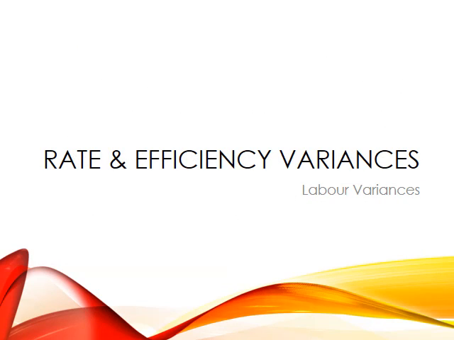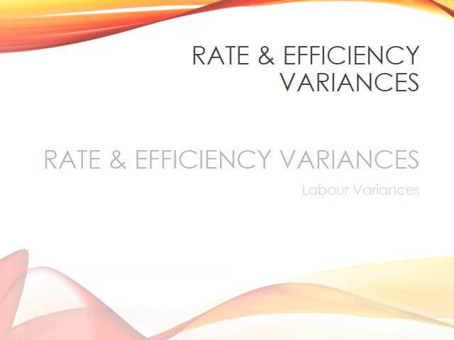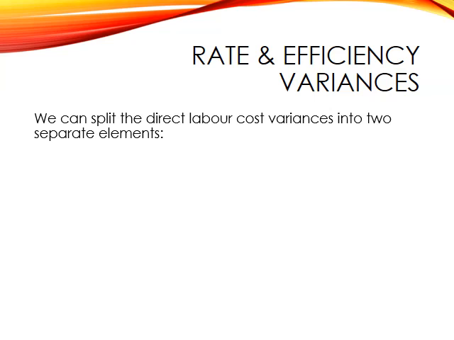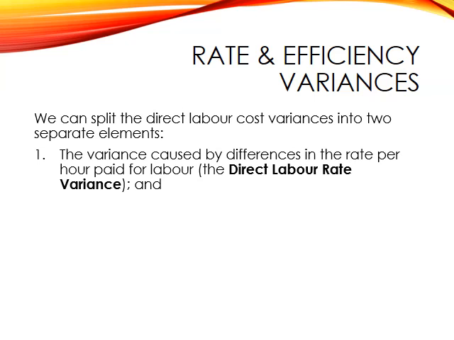Next we'll have a look at how we can break up our direct labour cost variance into two separate components, the labour rate and labour efficiency variances. When we look at our overall direct labour cost variance, we can split this into two separate elements.